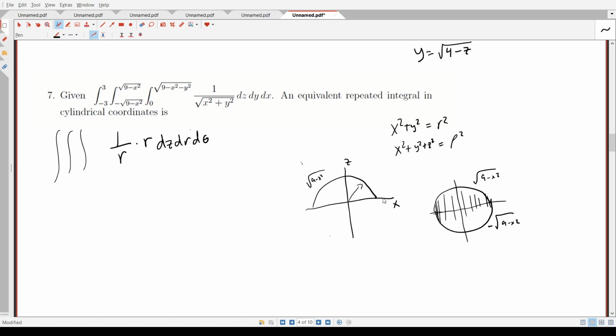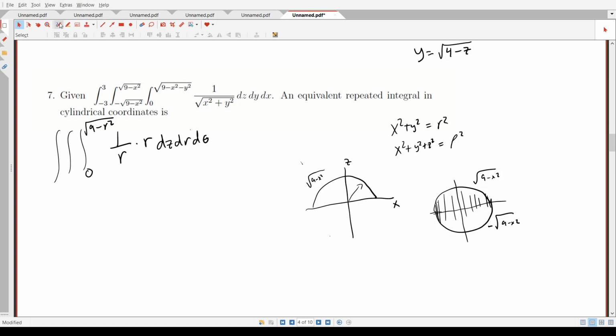But okay, so first we go z. Z goes from 0 up to 9 minus r squared. Okay, and then what about r? R again goes from 0, and we want all of the radius within this range.